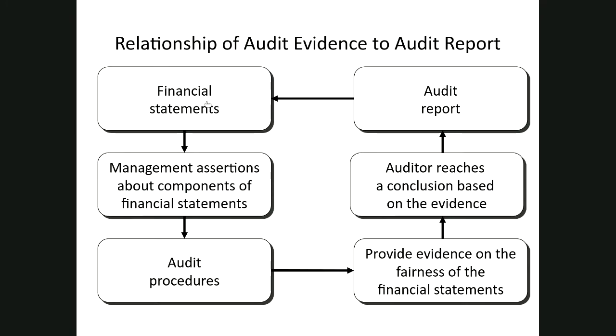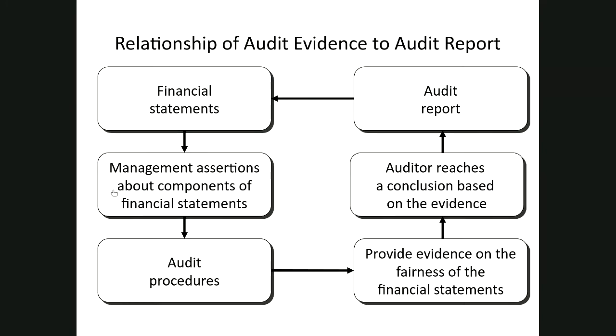So we know management gives us the financial statements, right? And management is responsible for the financial statements. What we didn't really talk about so far is this idea that those financial statements, when management gives them to us, they basically contain a lot of implicit assertions regarding various components of the financial statements.